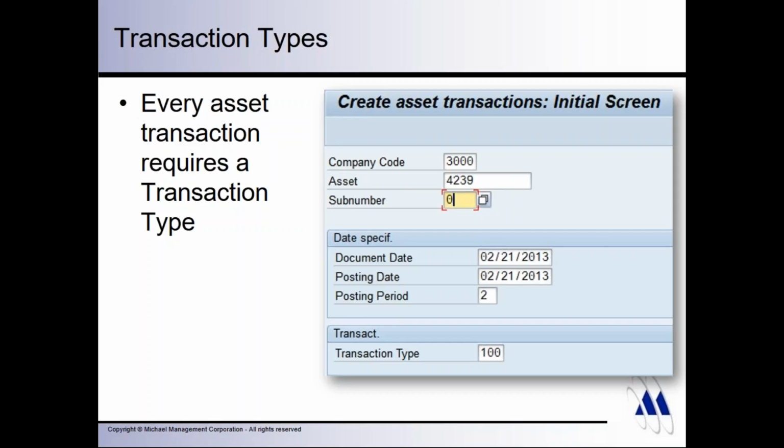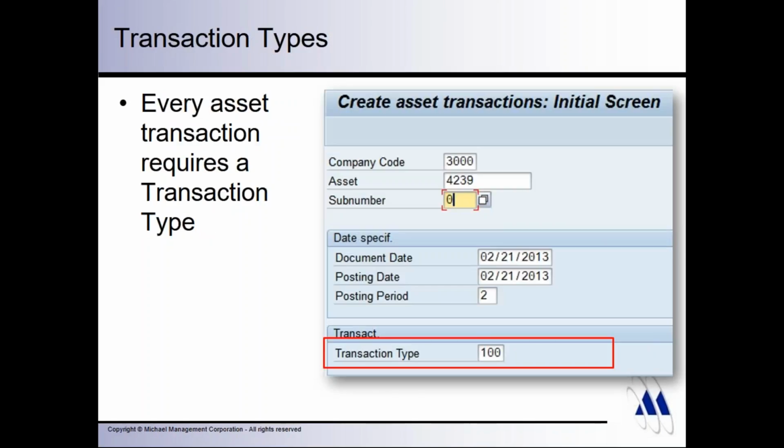There's no such thing in accounts receivable or accounts payable. They don't use transaction types. Only asset accounting does. And this transaction type, right here at the bottom, for example, 100, is an acquisition. It controls several things in the system, not just if it's a debit or credit, but mainly it helps the system understand what type of transaction you're posting to an asset.